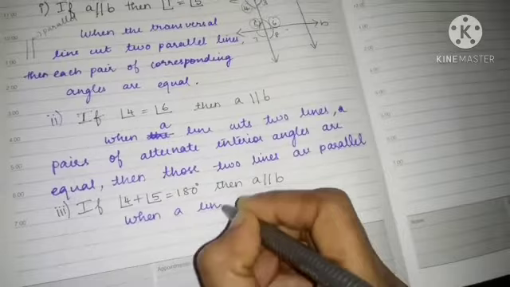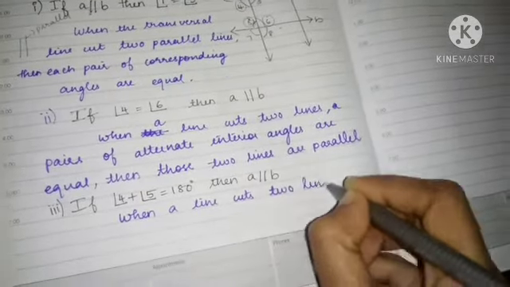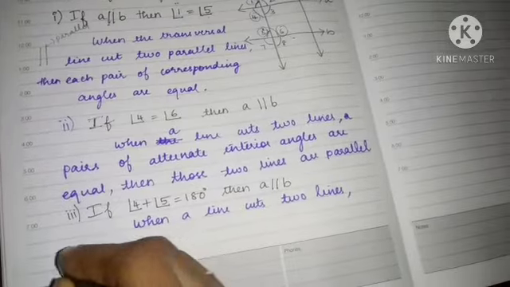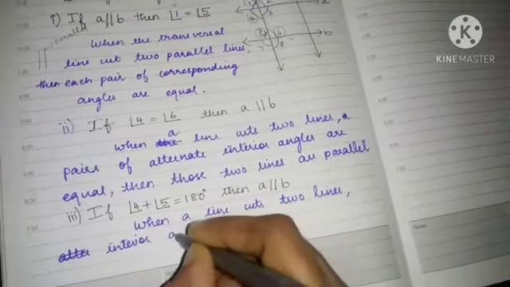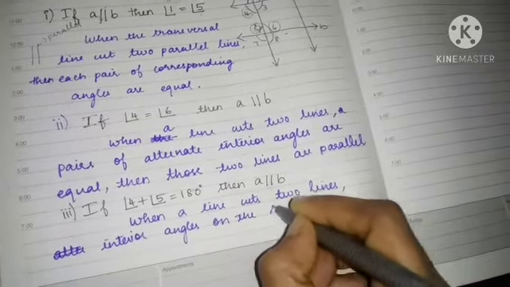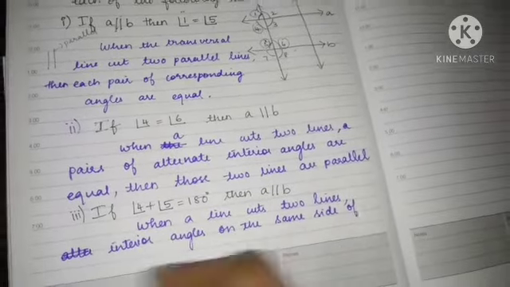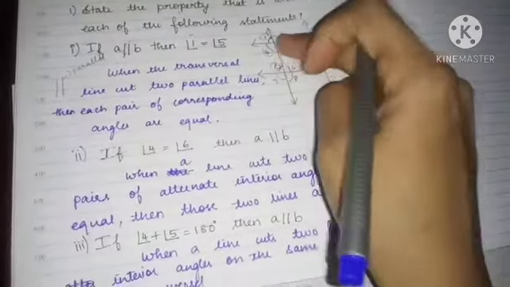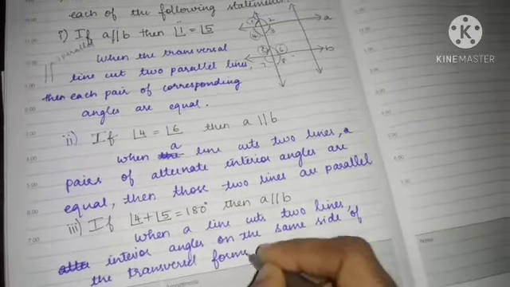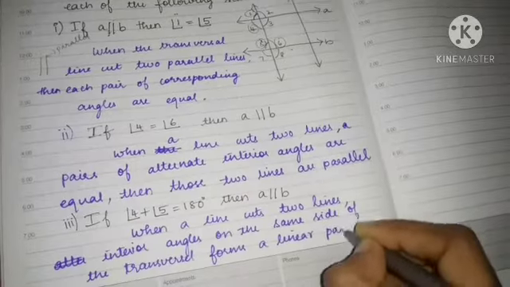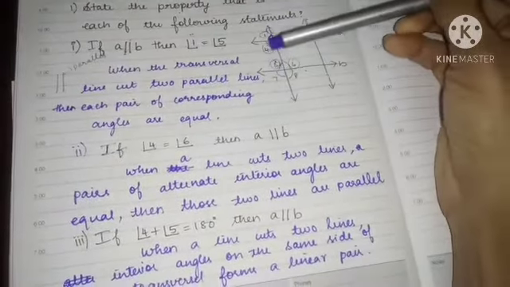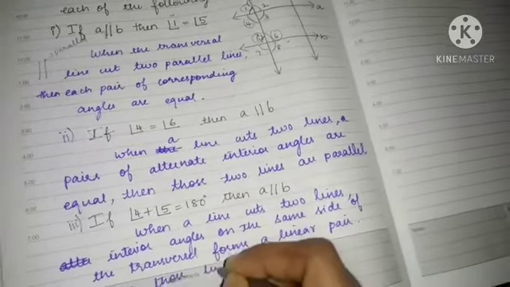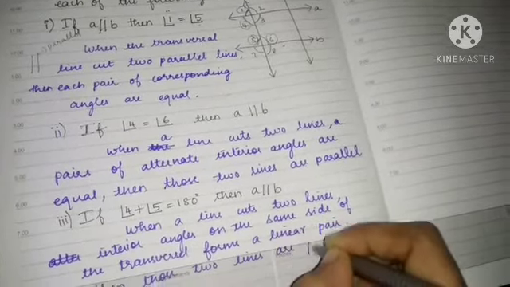When a line cuts two lines, then we can say the interior angles on the same side of the transversal form a linear pair. See, the interior angles on the same side of the transversal form a linear pair, then those two lines are parallel.